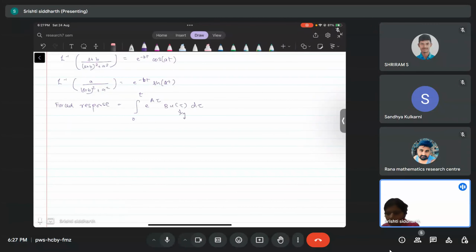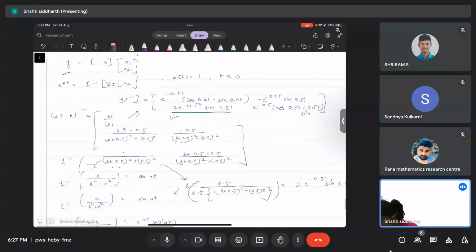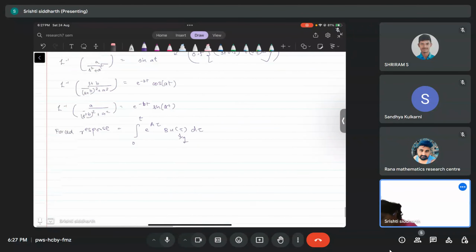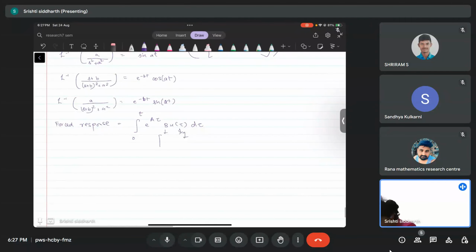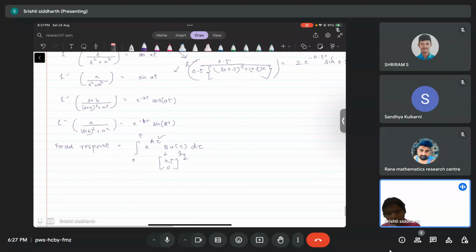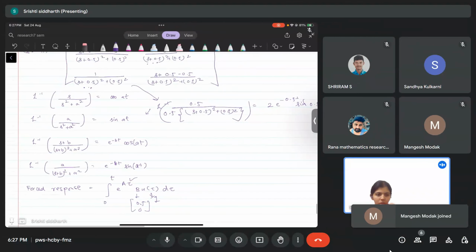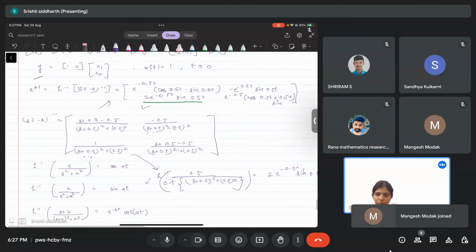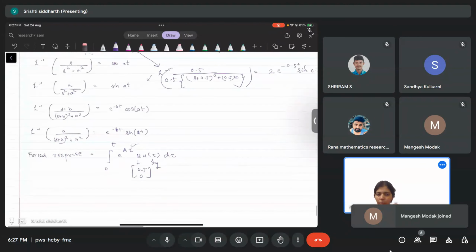So this is 1, and let me just see what B was. 1.5 times u, sorry, 0.5, 0. So we can substitute e to the power A tau and compute the integrals element-wise. So if this is clear, I think we can move on to the next part. If you have any doubts up to this point, you can ask.